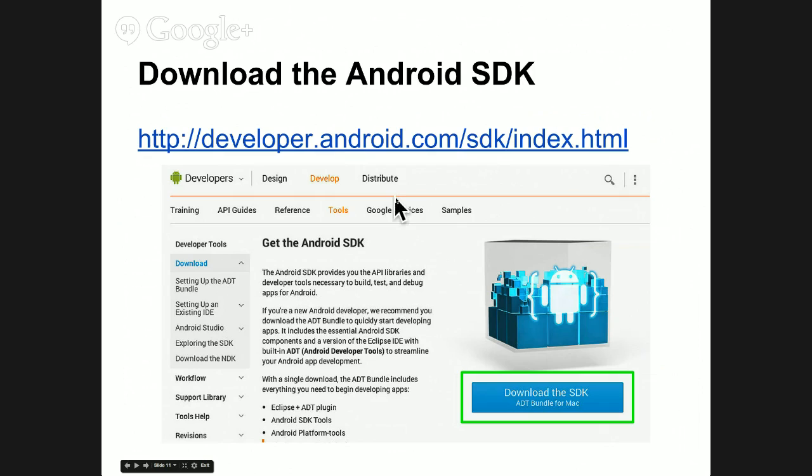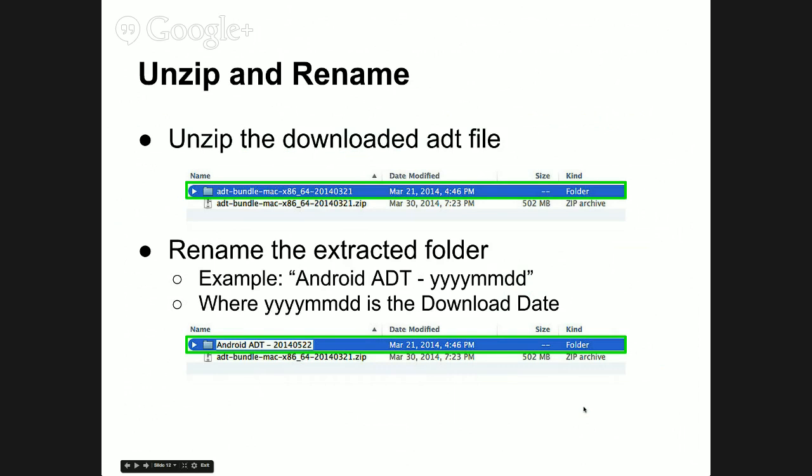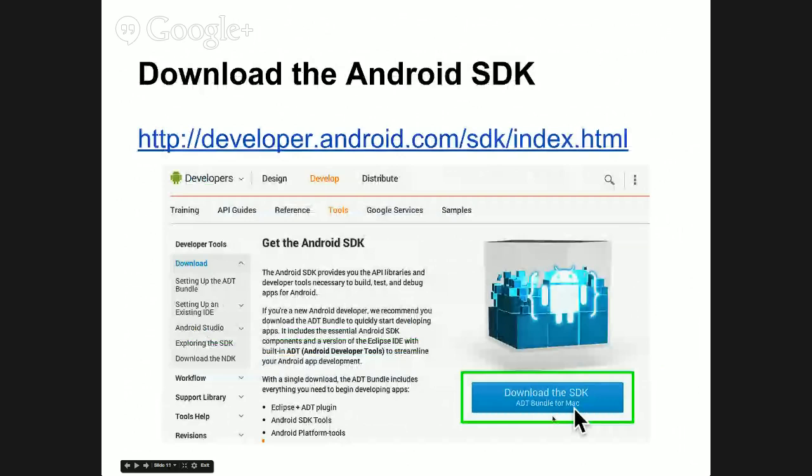You go to this URL and say download. It detects your operating system. In this case, it was on a Mac, so it says for Mac, but it's going to change. It's a very big download.